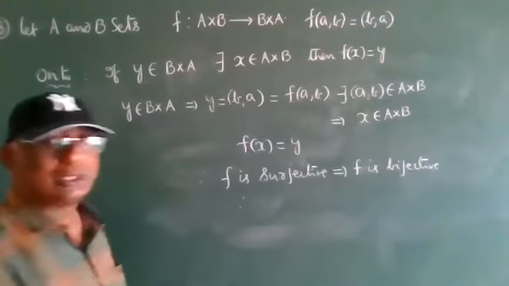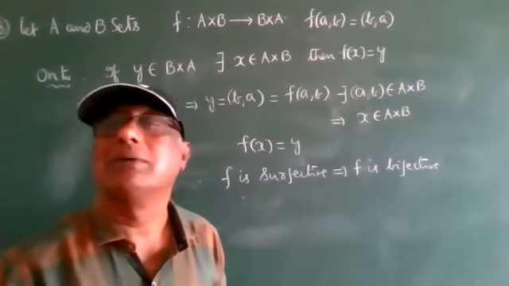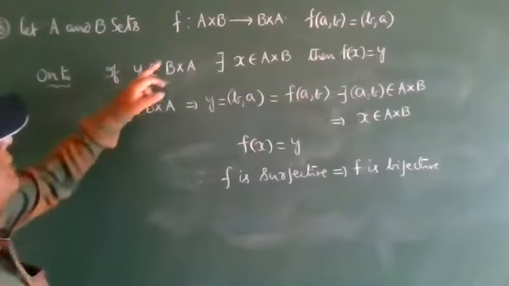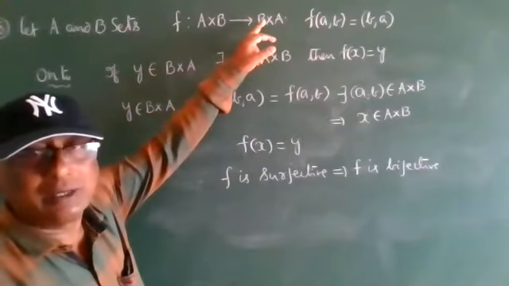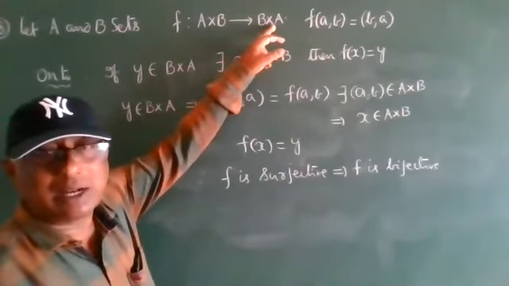F is bijective. Once again, I am going to give an observation. y belongs to B cross A. What is the meaning of B cross A?